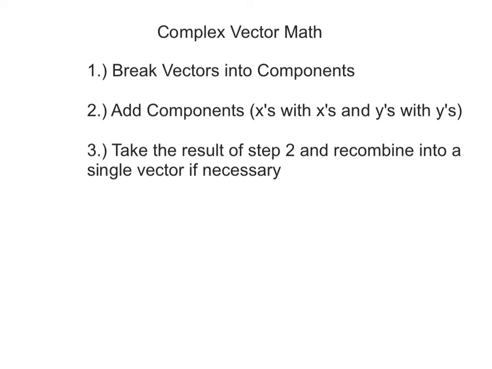And that is determined based on my coordinate system. Lastly, whatever I have after completing step 2, I will recombine into a single vector with magnitude and direction should it be called for. So without further ado, let's get started.